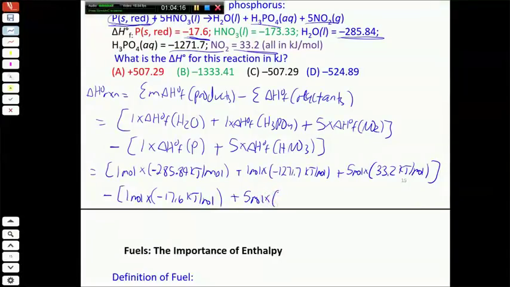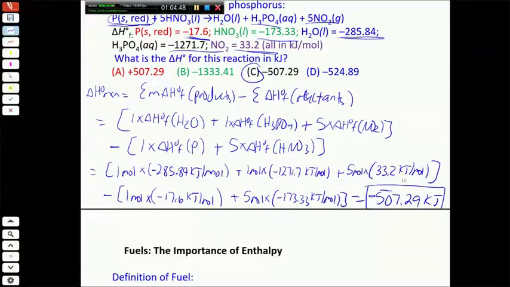Its delta H of formation is pretty negative, I believe. Where is that number? Minus 173.33. And assuming I didn't transcribe anything incorrectly, and assuming we did the math right in the calculator, we would get minus 507.29 kilojoules. Okay? Which would then, I guess this is multiple choice, that would be choice C.